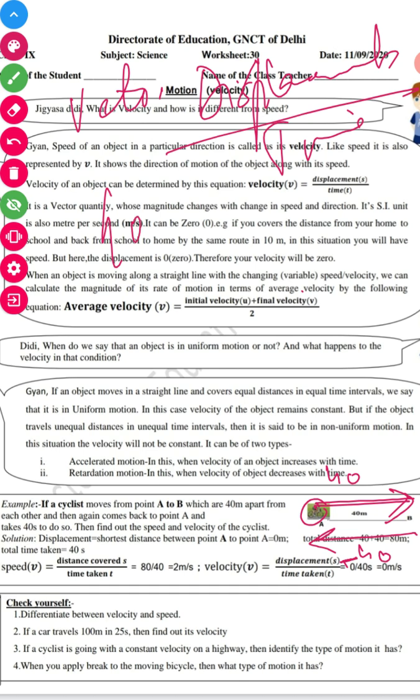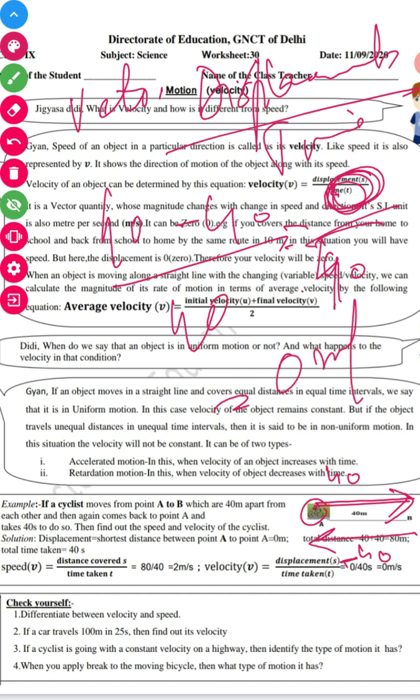So we have 40 minus 40 divided by 40 seconds, we have 0 divided by 40. In mathematics we know, when 0 is in the numerator, the value becomes 0. So 0 meter per second. This is the case with velocity.